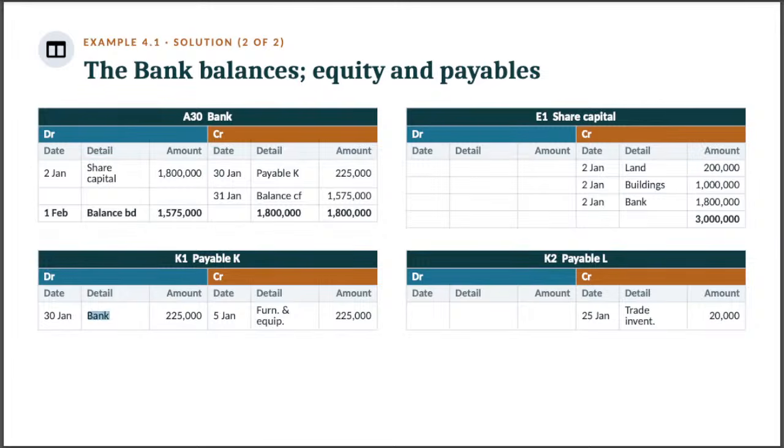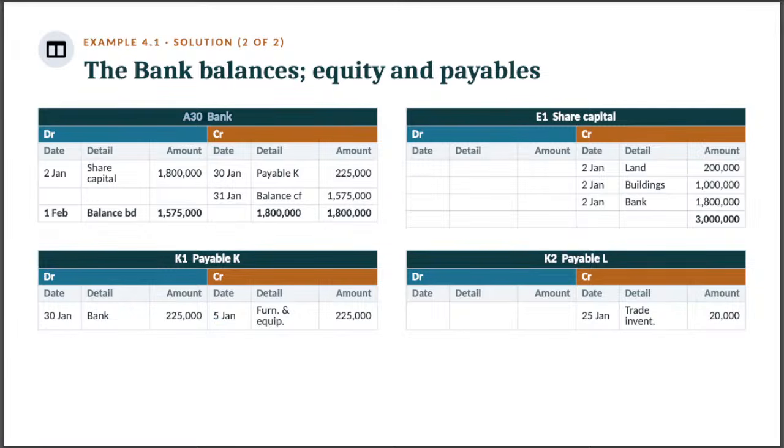On the 30th, we paid them back out of the bank. $225,000 was reduced from the bank account and debited on the payable account, because on the 5th of January, before that, it had increased by $225,000 for the furniture and equipment that was delivered. The difficult part of looking at this is that we have a January 30th here and a 5th of January over here, so it's important to keep track of the columns.